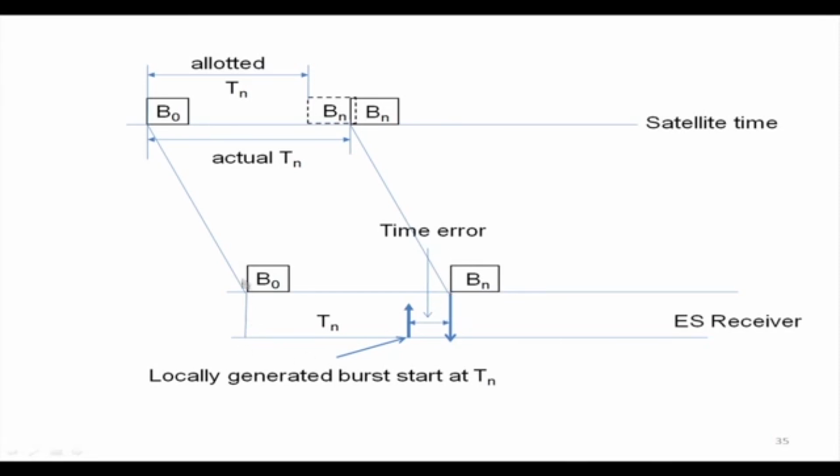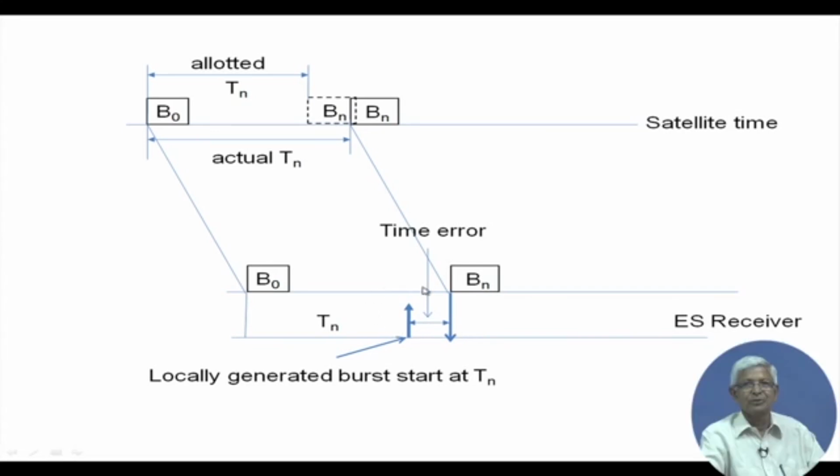Now, locally you can generate, with respect to the Bn after Tn, which is the allotted time, a local reference. This is supposed to come, whereas you have got this. So, there is a time error. The locally generated burst time and the received burst time beginning will give you the time error. So, this time error has to be corrected every frame slowly.